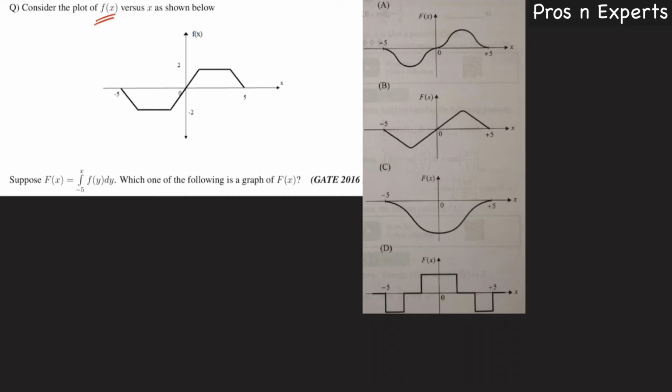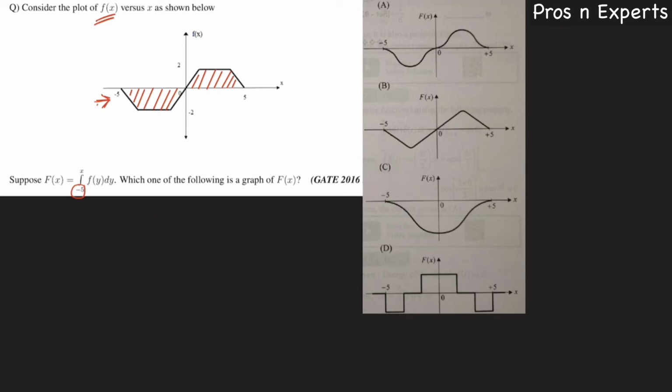So I could tell you that when you start from minus 5, because the integral is from minus 5 to x, when we approach from minus 5 towards positive x, this signal has equal negative and positive area.